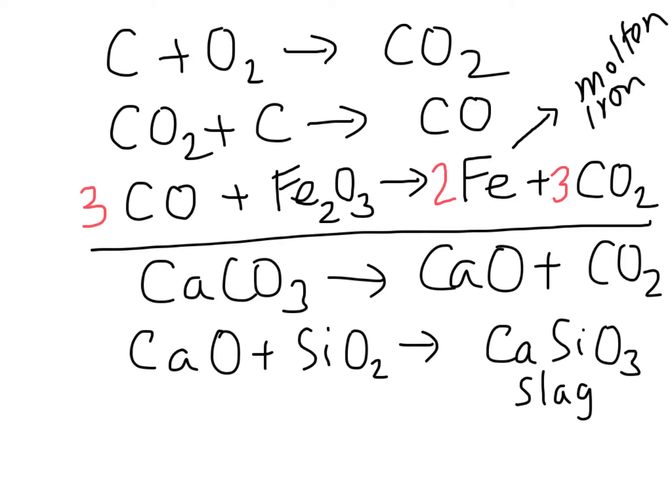Carbon, there is 3 carbon here, 3 carbon there, so that's balanced. 3 oxygen plus 3 oxygen, 6 oxygen atoms on the left, and you have 3 times 2, 6 oxygens on the right hand side.